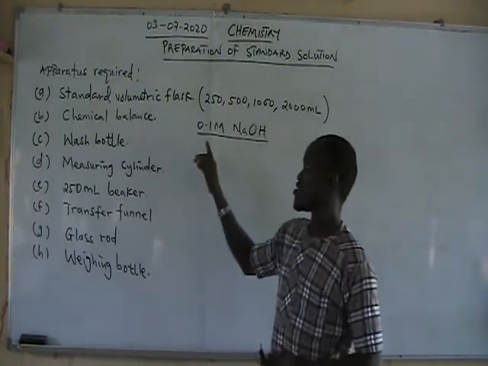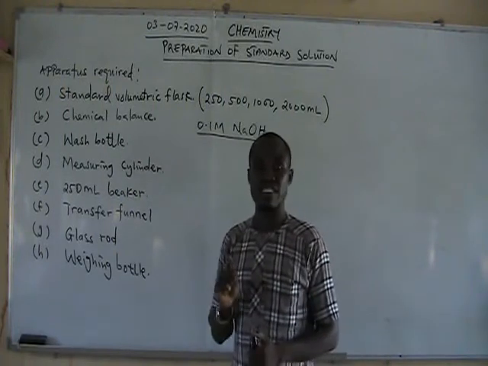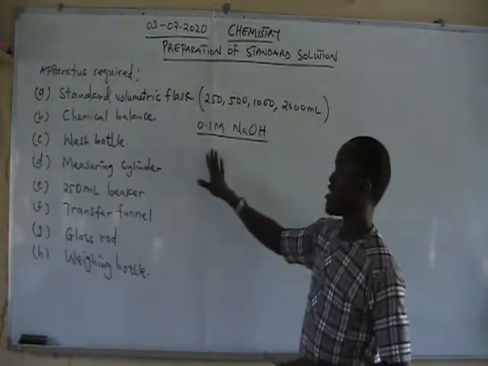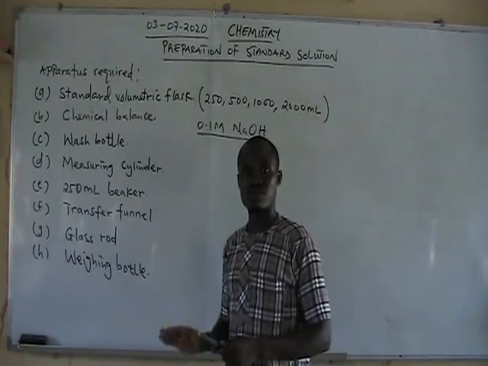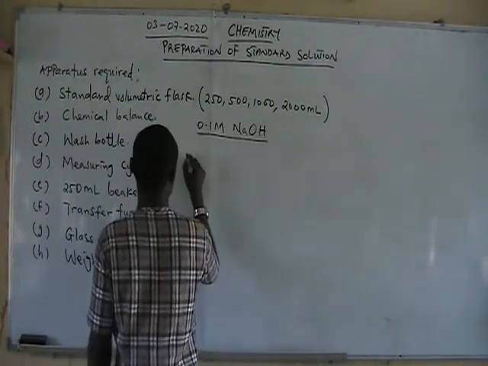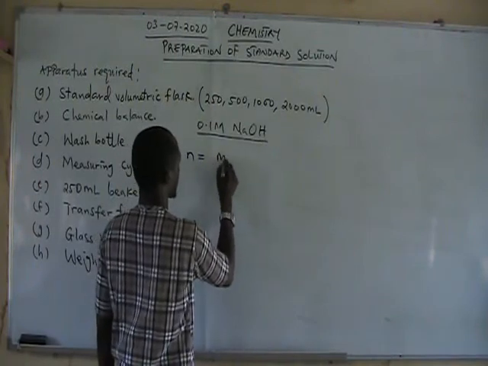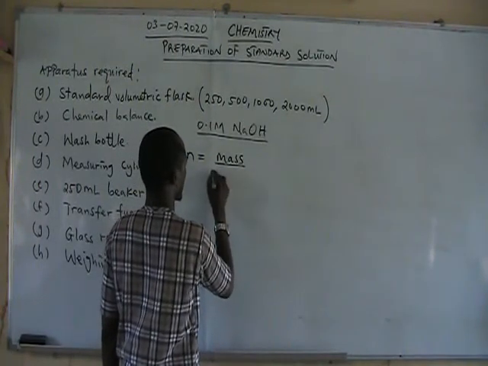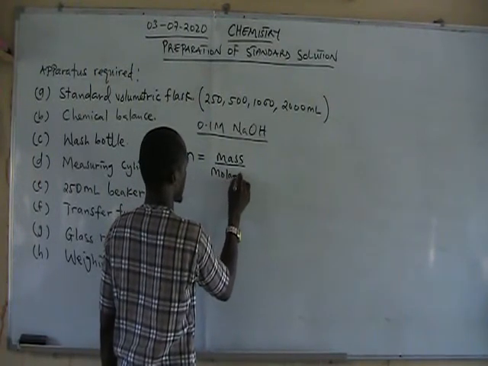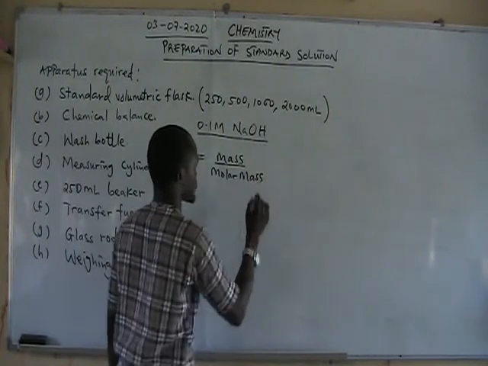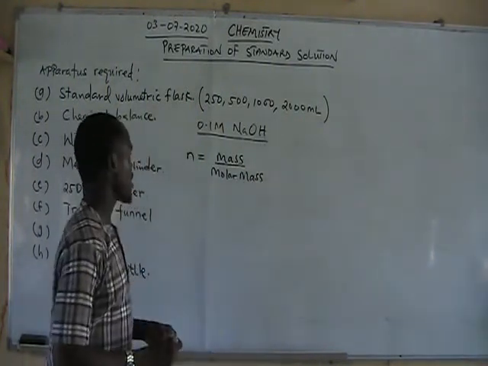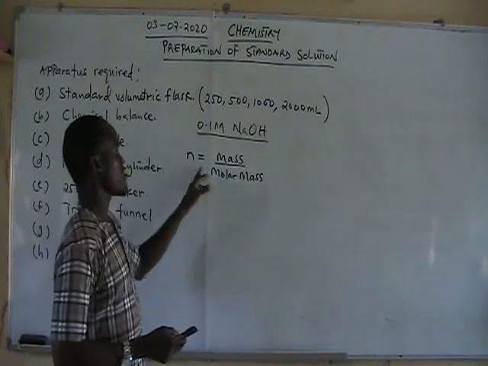So if I want to prepare 0.1 molar, then the next thing, after knowing the mass to measure, is to use the relation n is equal to mass over molar mass. So if the molar mass is known, we can go ahead and calculate the mass.